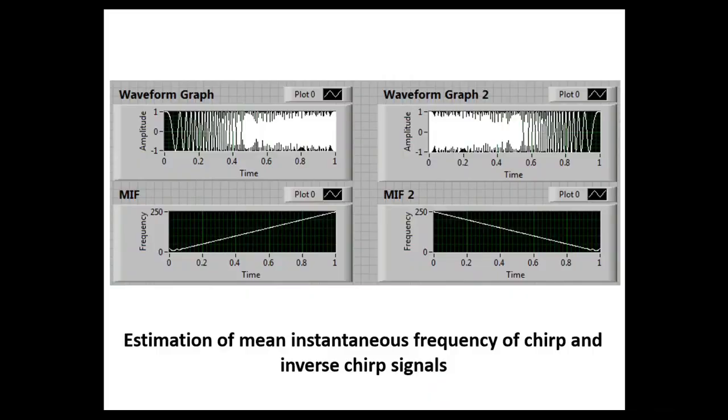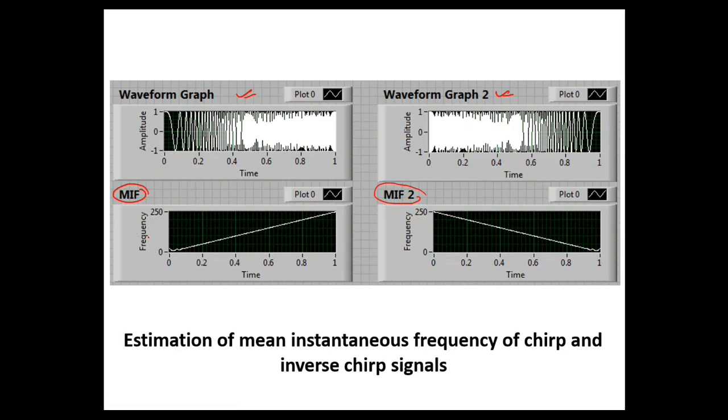Now if you look at the curve again, this is a sharp and the second graph is the inverse sharp. Now we have mean instantaneous frequency for both the sharp and the inverse sharp.